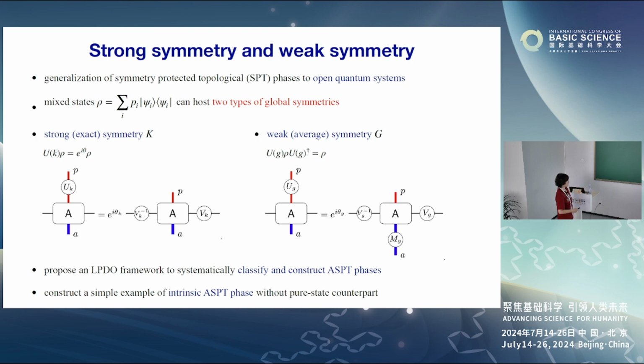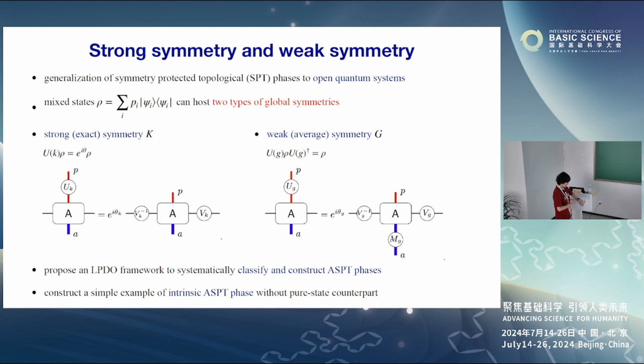For the strong symmetry, this means that on this physical leg, some action will take place on the working indices. Not only do we have some additional structure on the working indices, but also some additional transformation on the inner indices. So you can compare this figure and this figure, you can see something more here. So that's the different action of different kinds of symmetry.